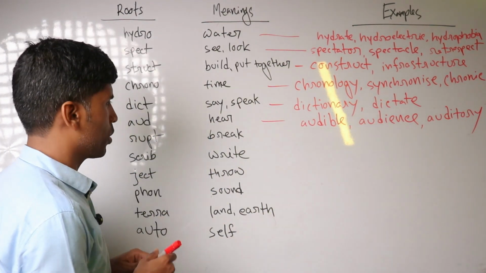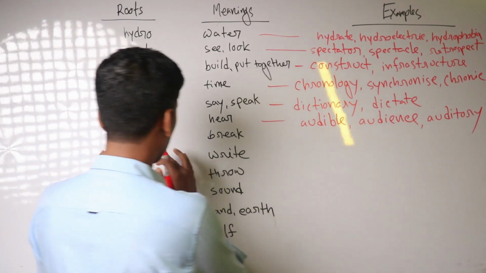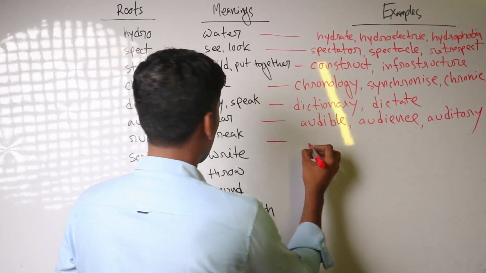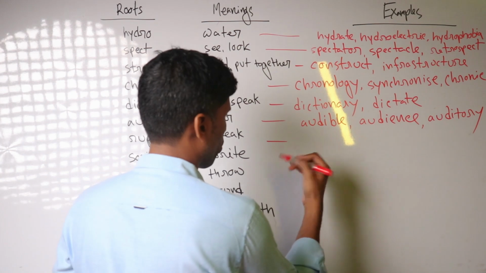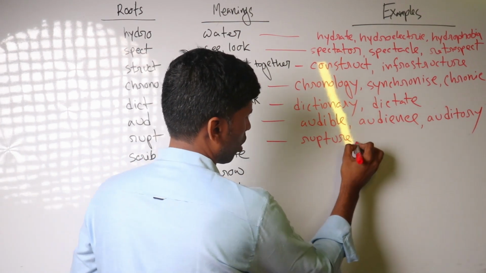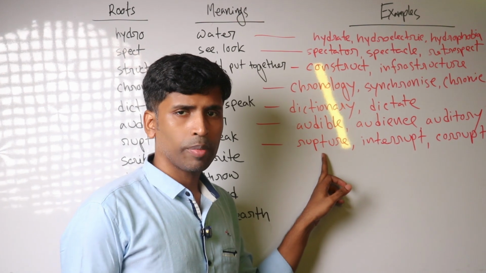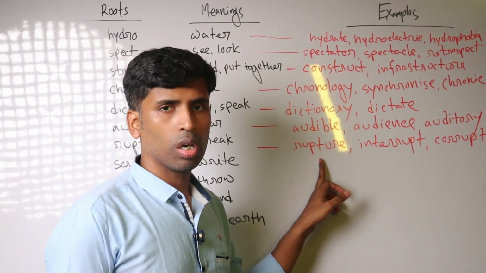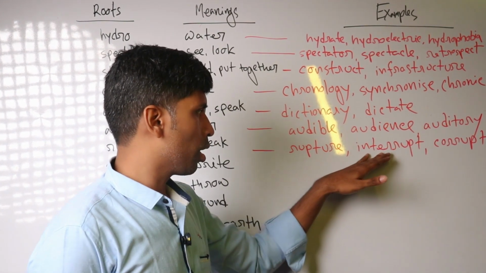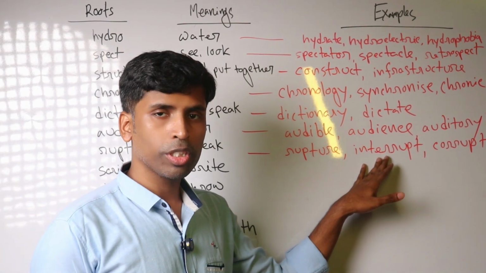Next we have rupt. This root means to break or breach. A rupture is when something suddenly breaks apart or bursts. To interrupt means to break in.